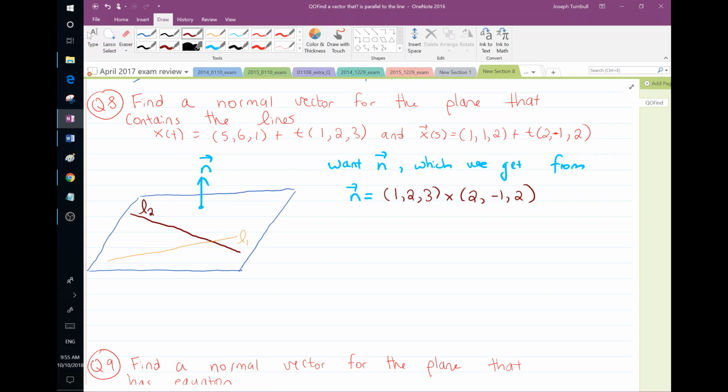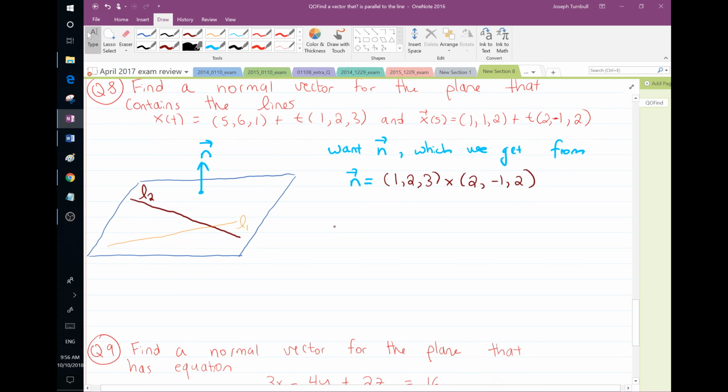And if you cross them, you get something 90 degrees to both inputs, which means it'll be 90 degrees to the plane, which means you can use it as a normal vector. There's really two common answers that will come out of a question like this, either 1, 2, 3 crossed with 2, negative 1, 2, or the reverse order, which will give you the negative of the first way. Anyway, so here's again how we did cross products in class.